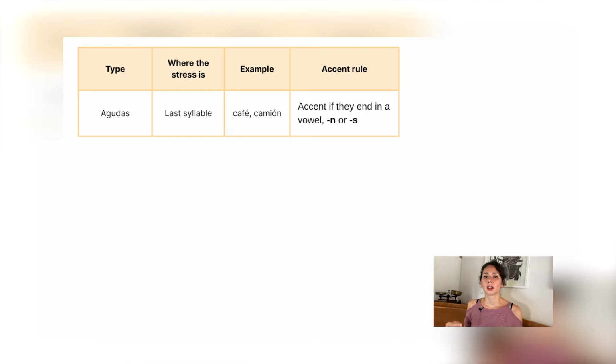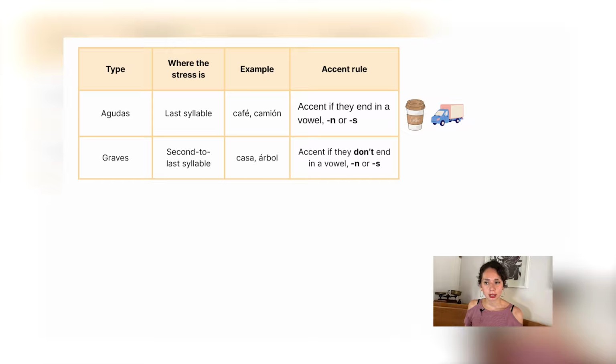Okay? Okay, about agudas, the stress is in the last syllable. For example, café, camión. The accent rule is they are accented if they end in a vowel, N or S. Graves.